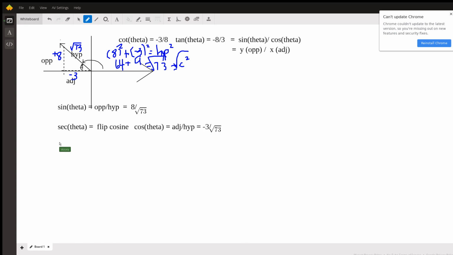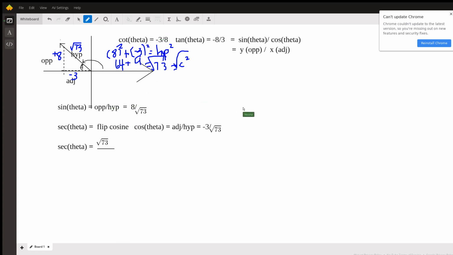So the secant of theta is 1 over that, or it is the square root of 73 divided by negative 3.